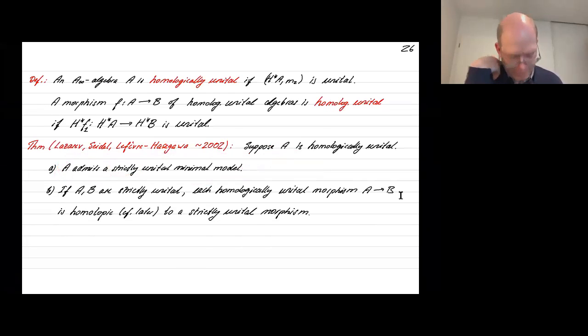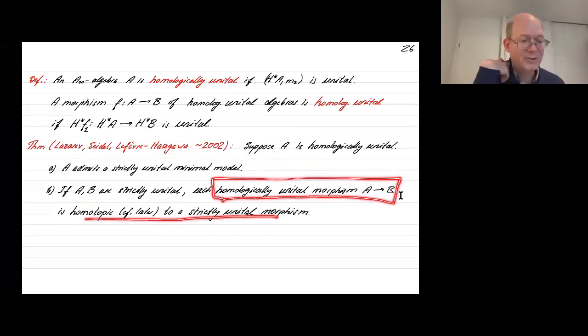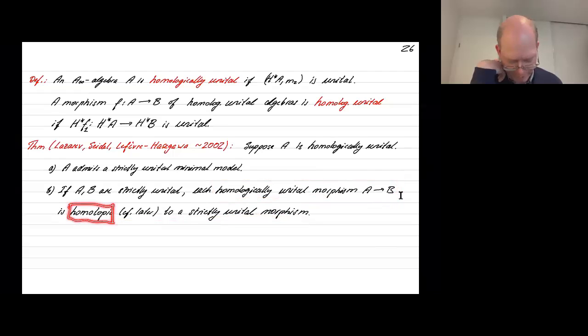In this way, we can reduce everything to the study of strictly unital A infinity algebras. And as far as morphisms are concerned, if we have two strictly unital A infinity algebras and a morphism which is only homologically unital, then we can deform it into a strictly unital one by a homotopy. I haven't defined homotopy between morphisms of A infinity algebras, but I will do it next time.